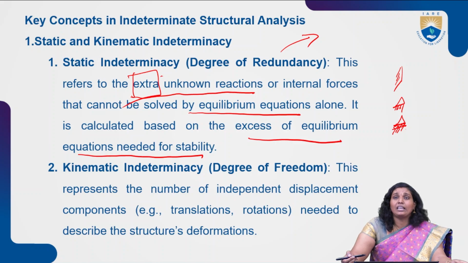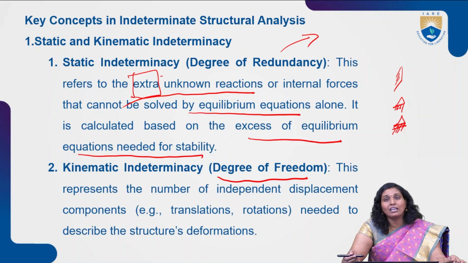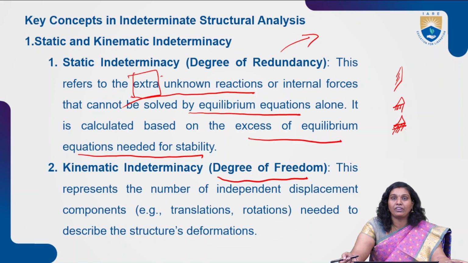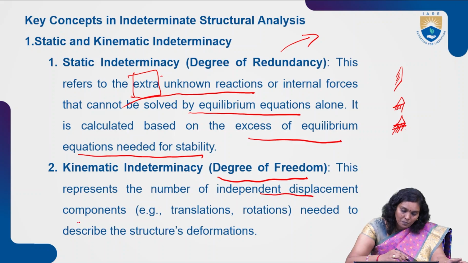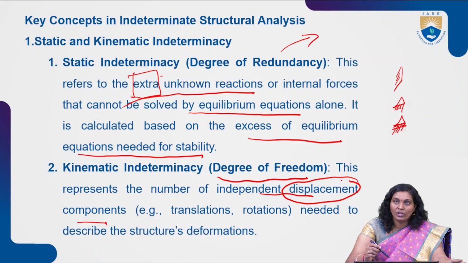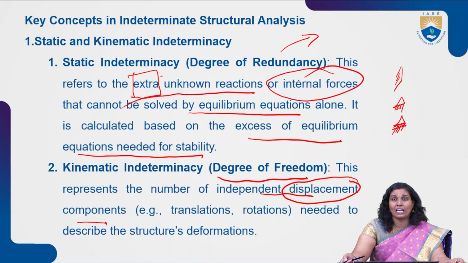Kinematic indeterminacy is nothing but the degree of freedom. So the static indeterminacy is the degree of redundancy, and the kinematic indeterminacy is the degree of freedom. This represents the number of independent displacement components. In this kinematic case, we are talking about the independent displacements. Here the internal forces are the extra internal forces that cannot be solved by the equilibrium equations.